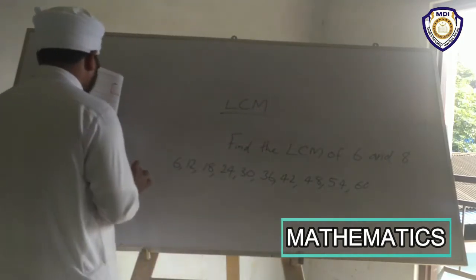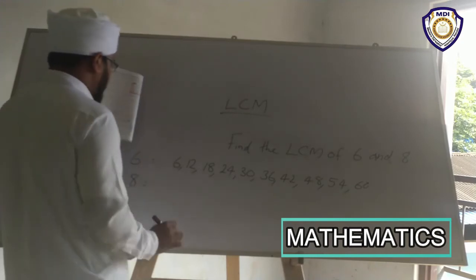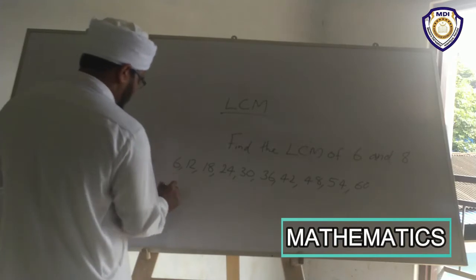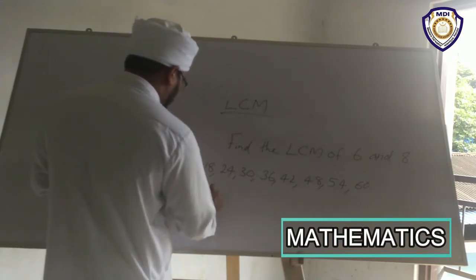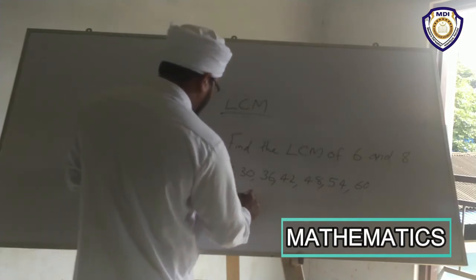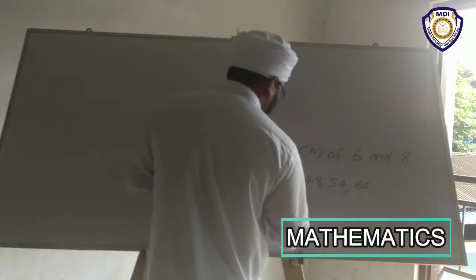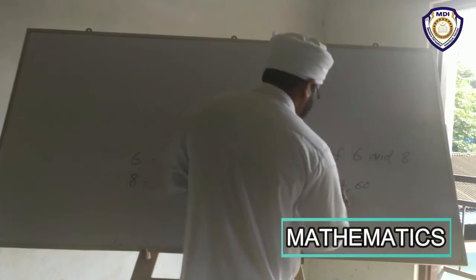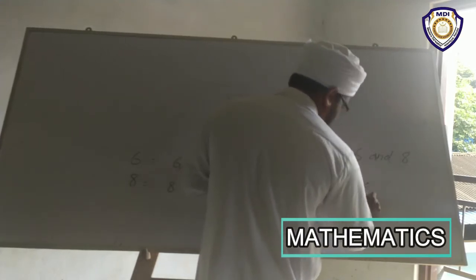Then multiples of 8: 8, 16, 24, 32, 40, 48, 56, 64, 72, 80.